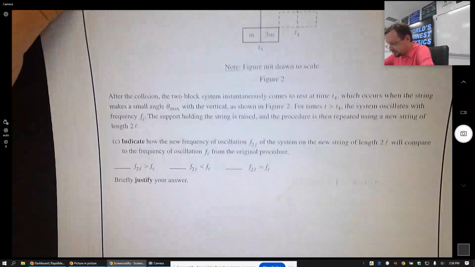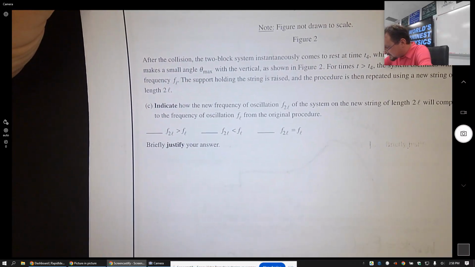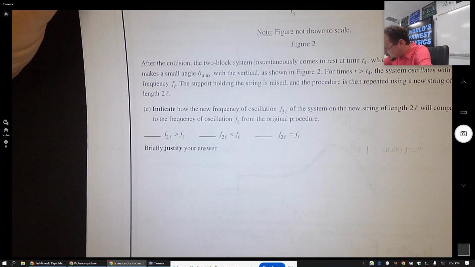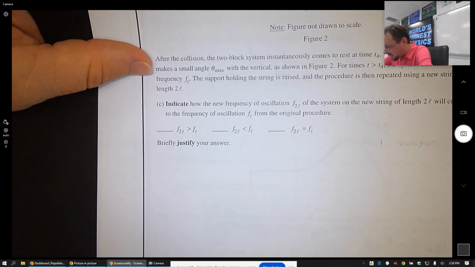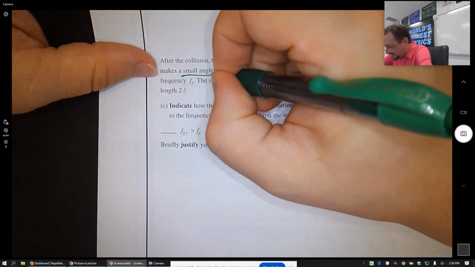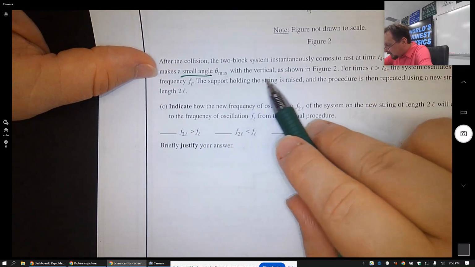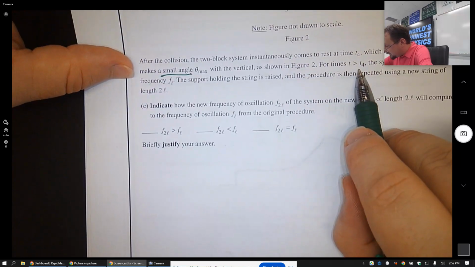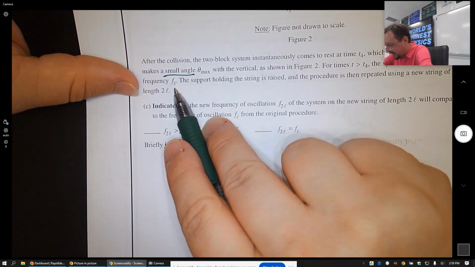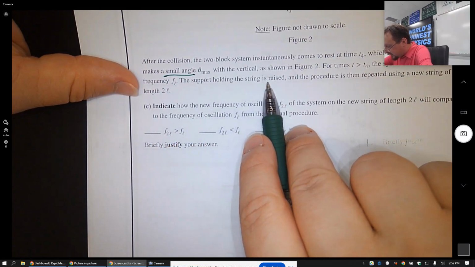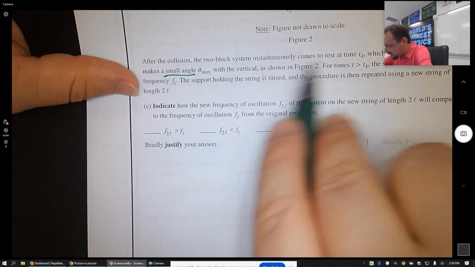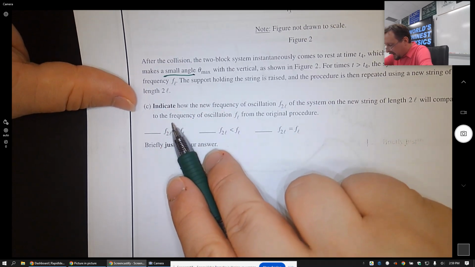All right. After the collision, the two-block system instantaneously comes to rest at time T4, which occurs when the string makes a small angle with the vertical. That tells me we're about to do a pendulum. For times greater than T4, the system oscillates with frequency F. The support holding the string is raised, and the procedure is then repeated at a new string length 2L. How will the new frequency change?